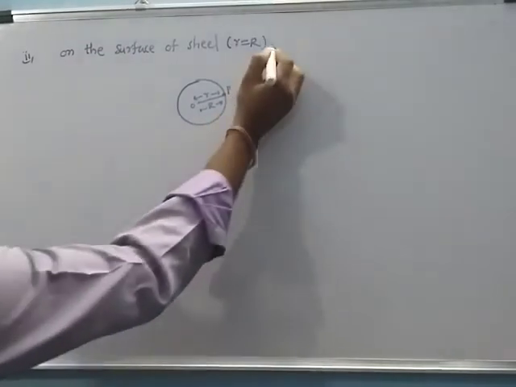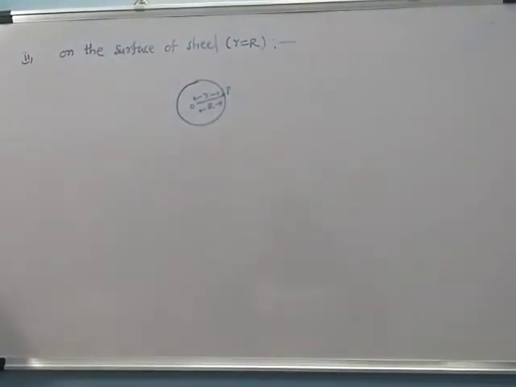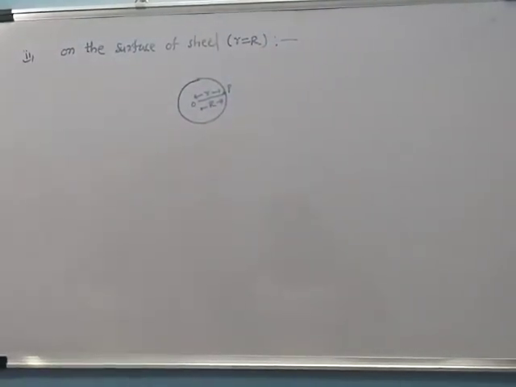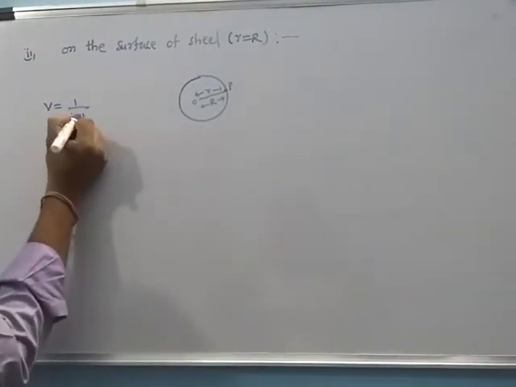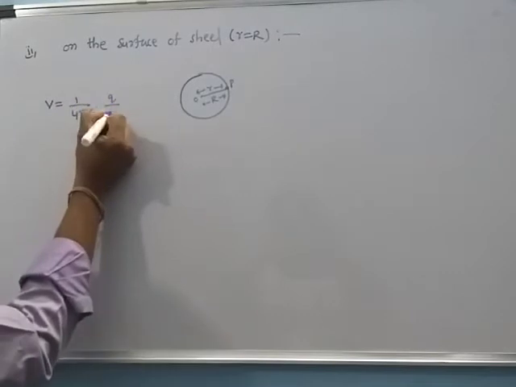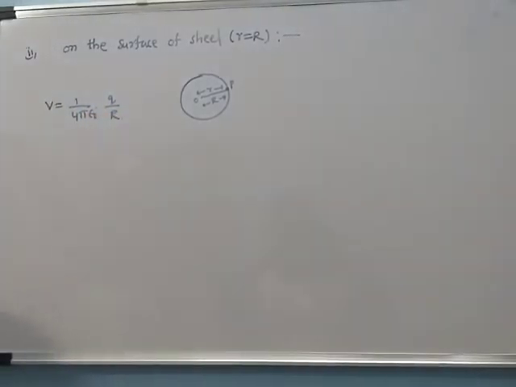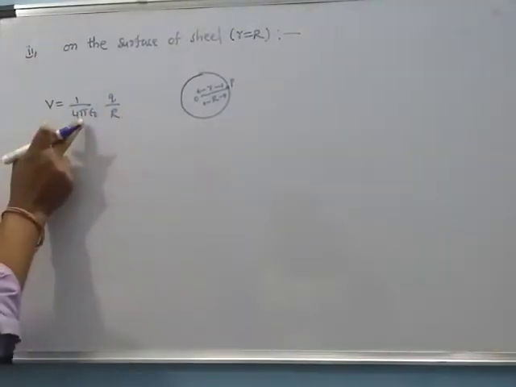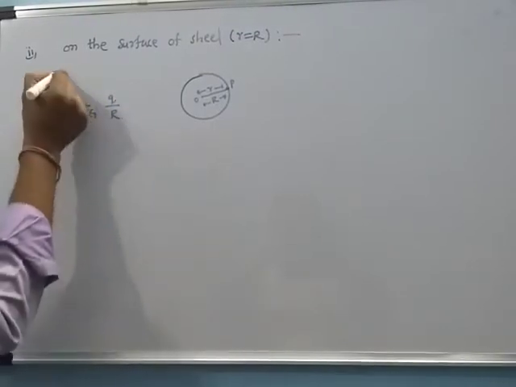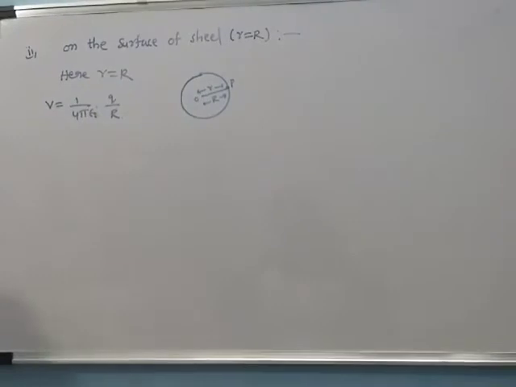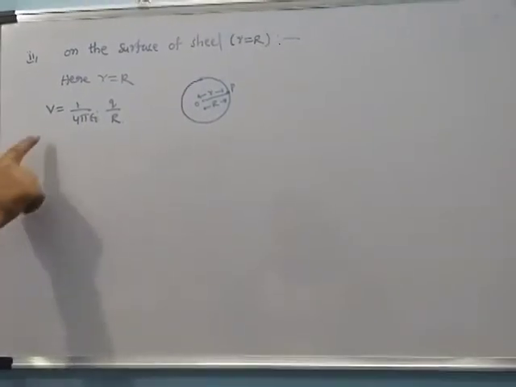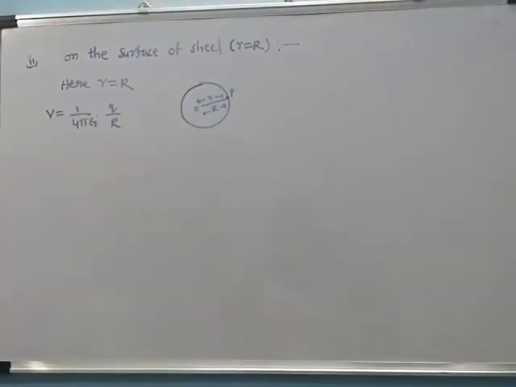The electric potential V is equal to 1 by 4 pi epsilon naught Q by capital R. Before, we had V equal to 1 by 4 pi epsilon naught Q by small r, but here the condition is small r equal to capital R, so V is 1 by 4 pi epsilon naught Q by R.